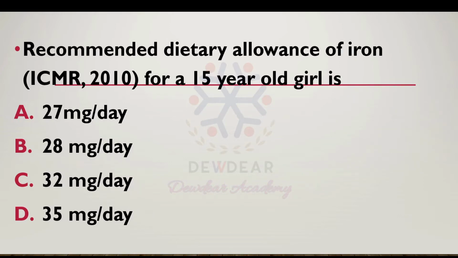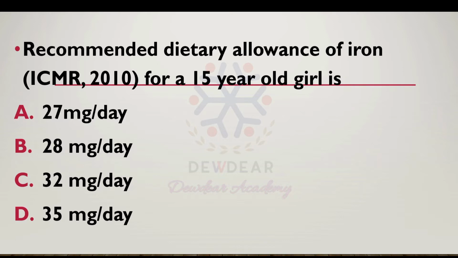Next question. What is the recommended dietary allowance of iron according to ICMR 2010 for a 15-year-old girl? Options are 27 milligram per day, 28 milligram per day, 32 milligram per day, 35 milligram per day.